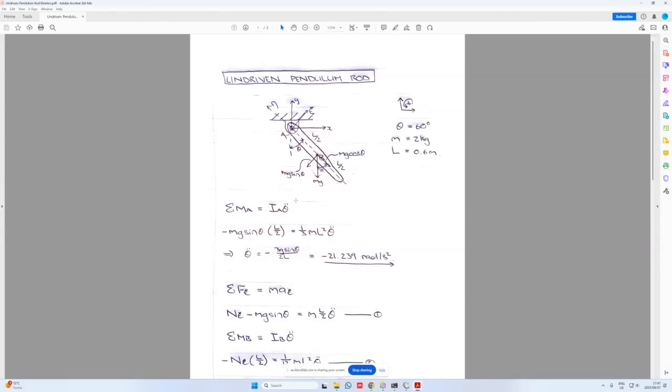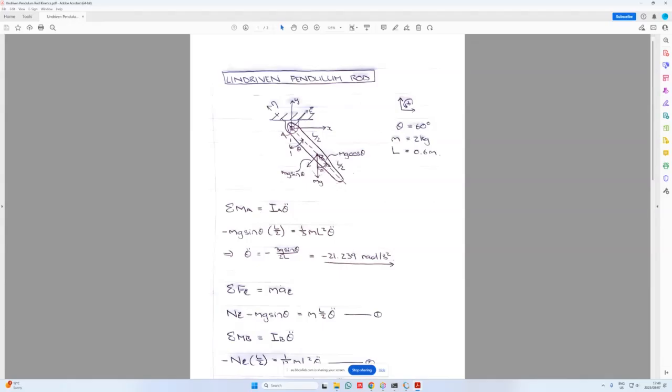But in any case, if I now go and apply a moment equilibrium about point A, I'm going to write sigma MA is equal to IA theta double dot. So this is my mass moment of inertia about point A. And then I can do the moment equilibrium calculation.